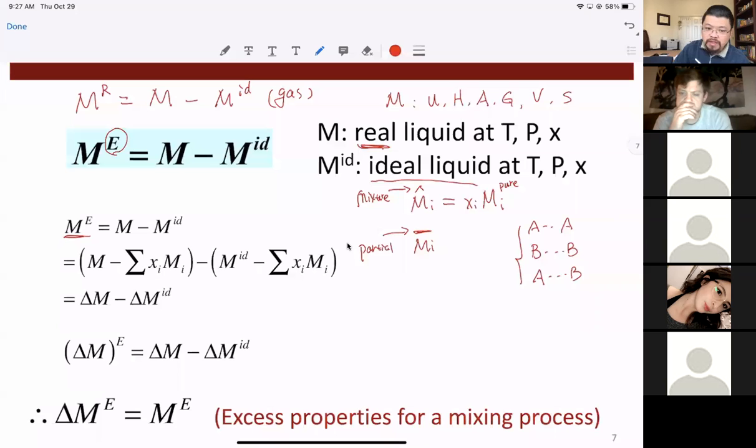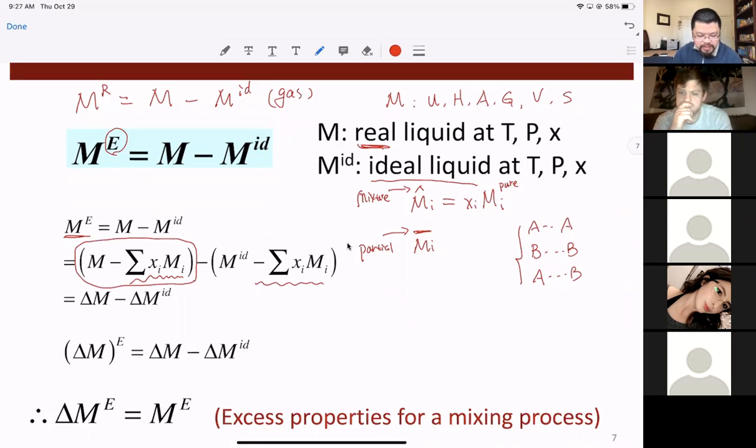So we try to manipulate. We try to add this term. Okay. And then, of course, we are going to add that term again in order to keep the balance. And now, if you look at this first term, so here we have the property N, say this is the volume.